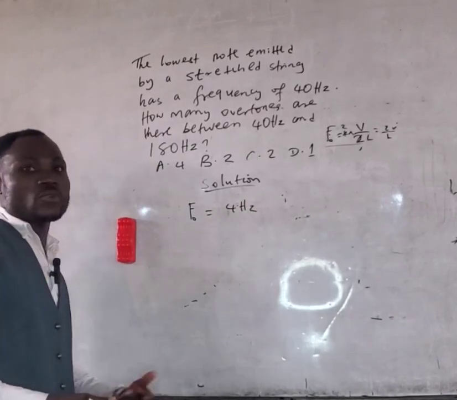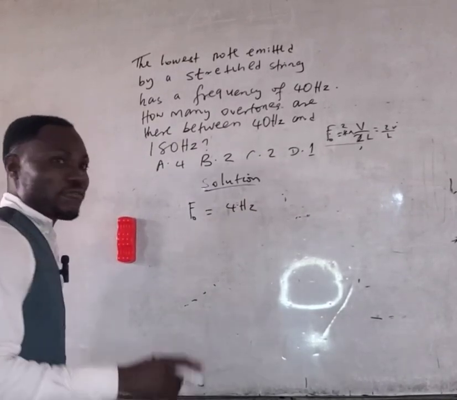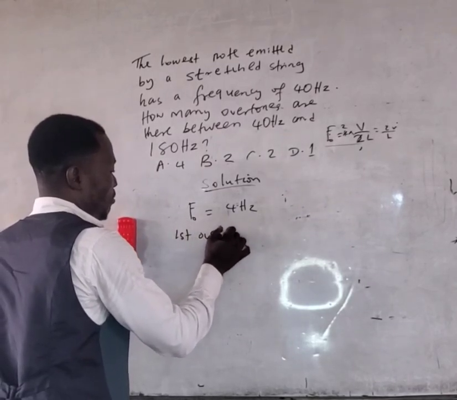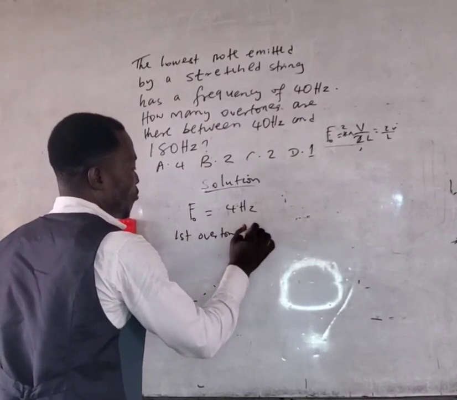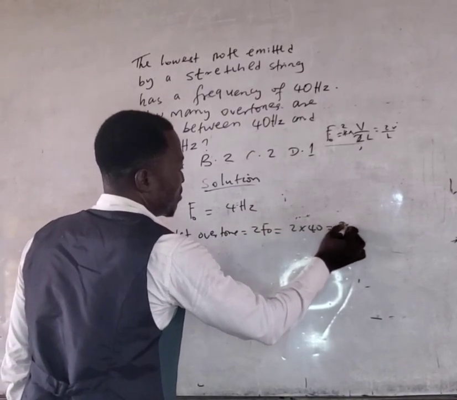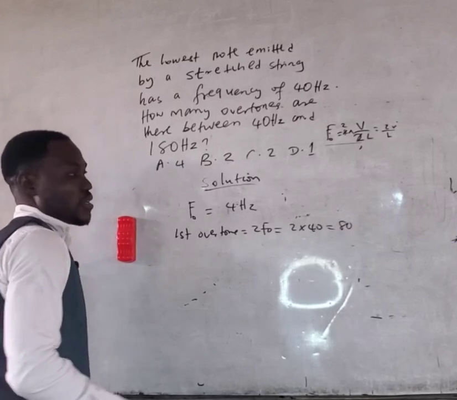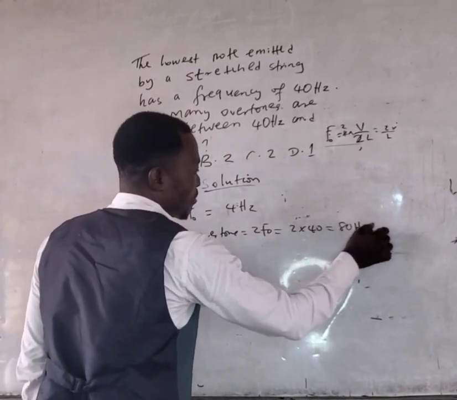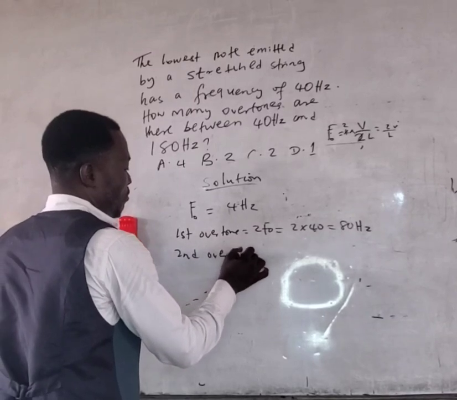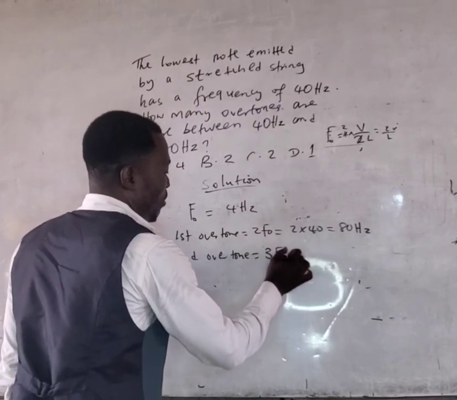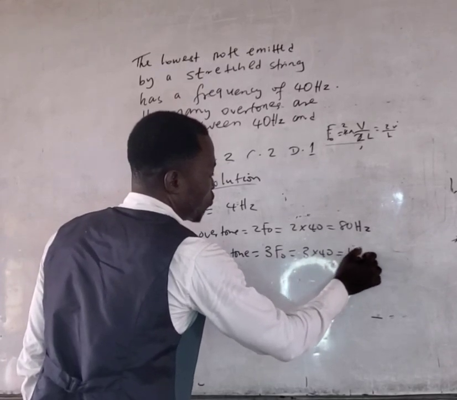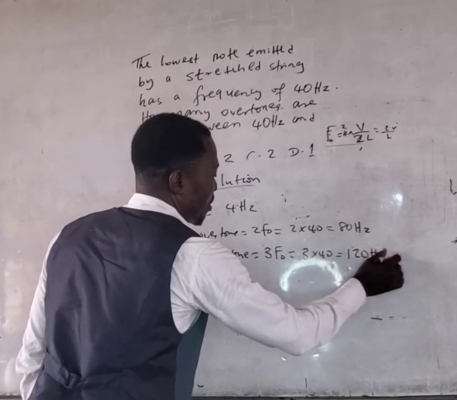We want to know how many overtones we're going to have. The first overtone is equal to 2FO, and that is 2 times 40, which is 80 Hz. Now the second overtone is equal to 3FO, and that is 3 times 40, which gives you 120 Hz.